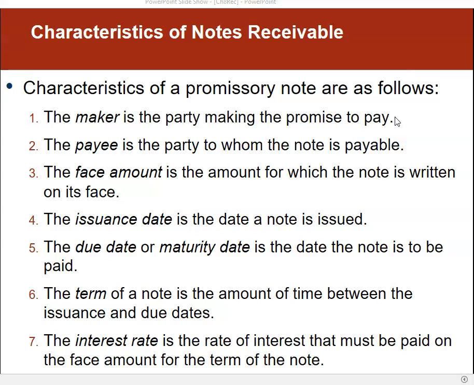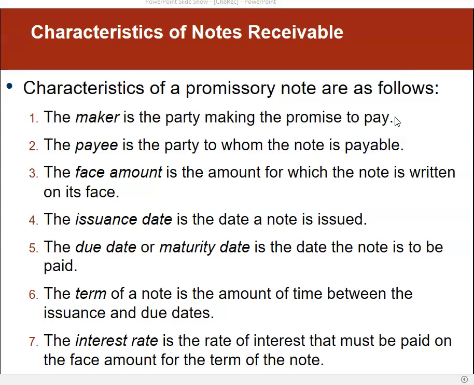The term of a note is the amount of time between issuance and the due dates. Now, this is something that you're going to really need to pay attention to, because in a lot of our calculation questions, you will have a scenario where we borrow, say for example, $10,000 or $100,000, and we have an interest rate, but the term will not always be for 1 year.